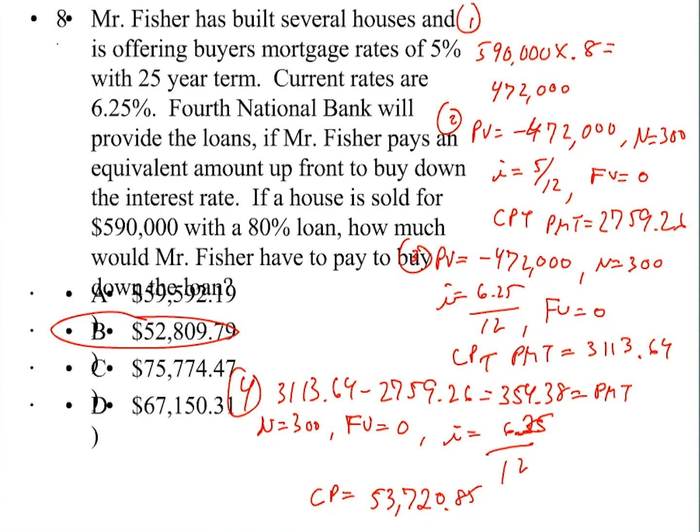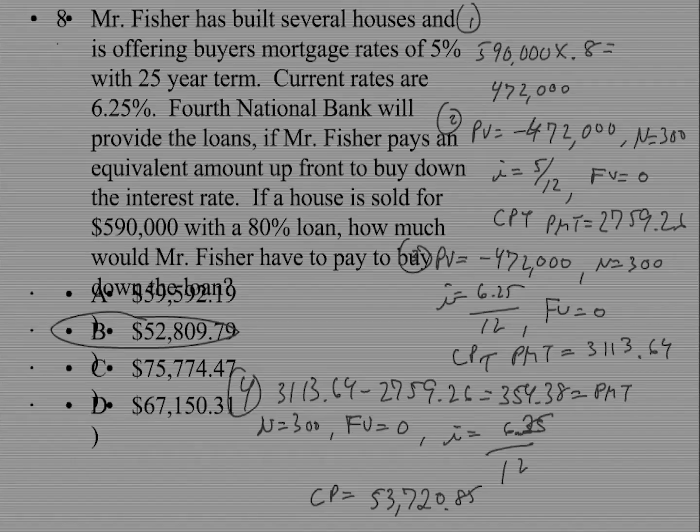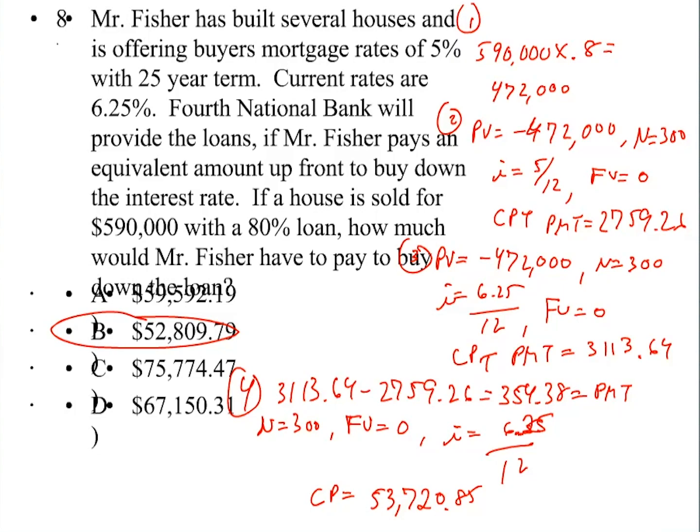If the house is sold for $590,000 with an 80% loan, how much would it cost him to buy down this loan?